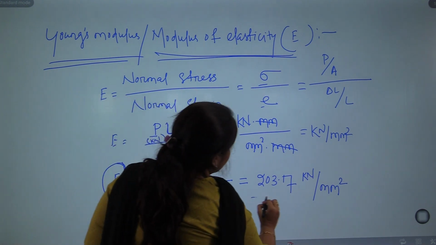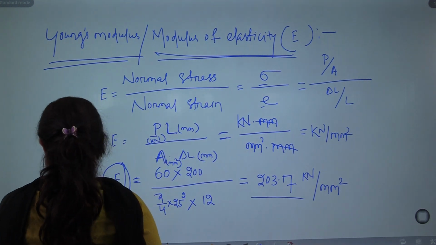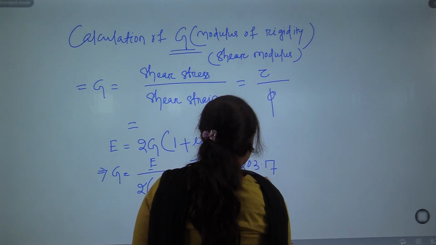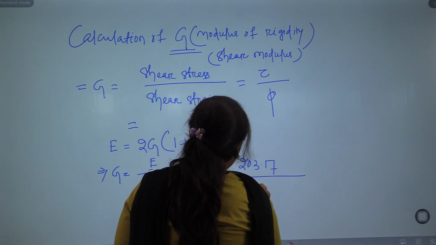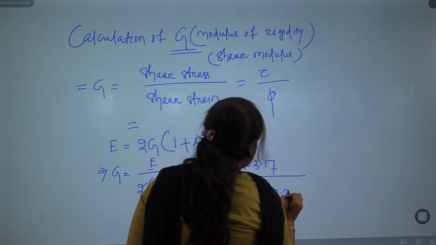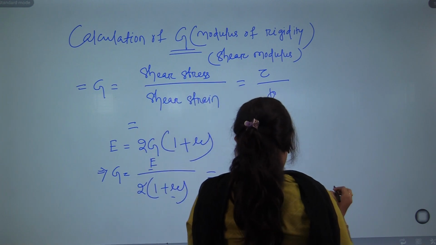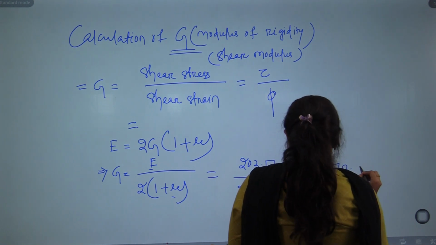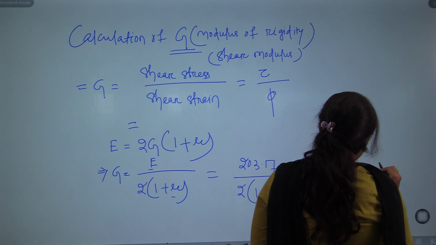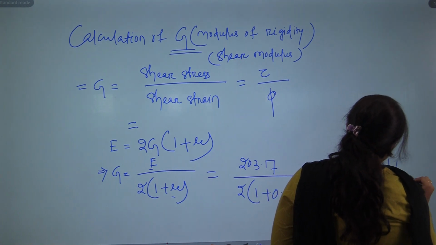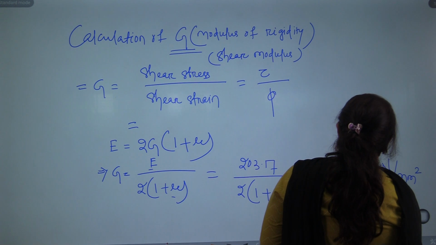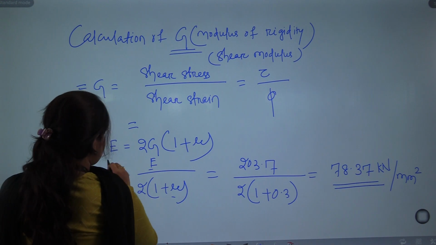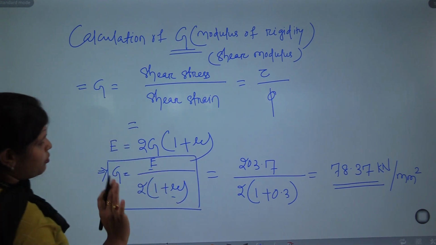Here E is 203.7, and 2 into (1 plus 0.3). So, your value will be 78.37 kilonewton per mm square. You can recheck the value by using the calculator, but you need to remember this formula.